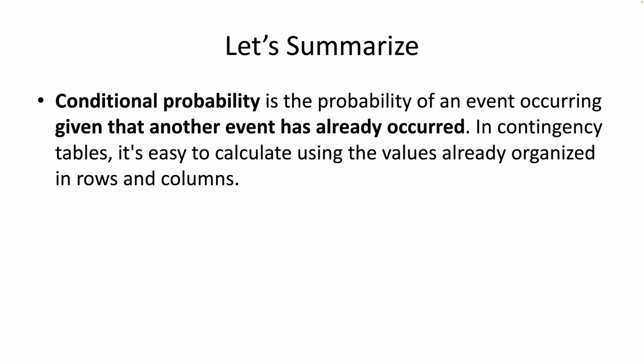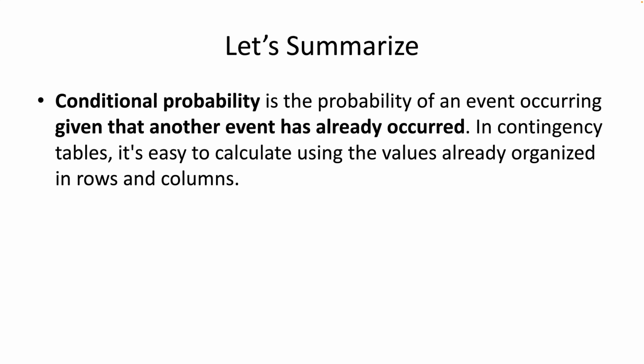Let's summarize. Conditional probability is the probability of an event occurring given that another event has already occurred. Always look for that phrase given to establish the event that has already occurred. In contingency tables, it's easy to calculate using the values already organized in rows and columns.